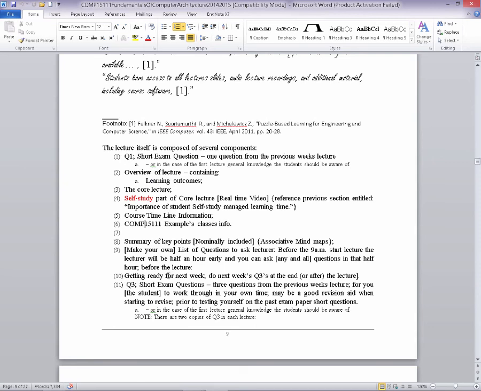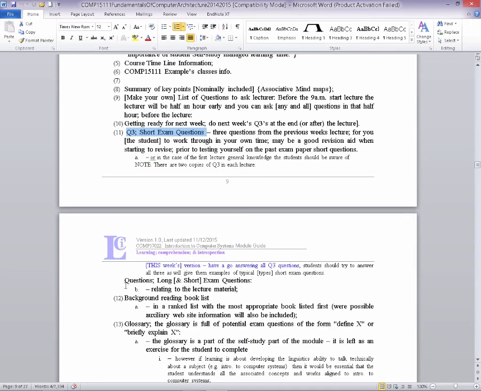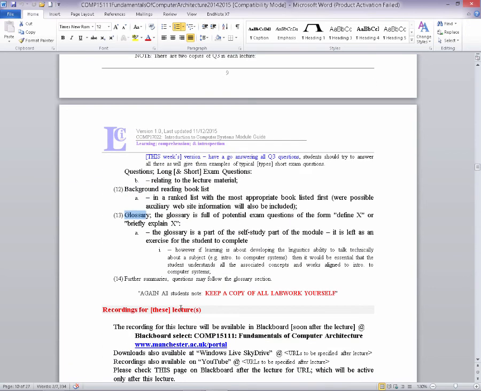Then we have a number of other points that are covered. We have short questions to help you revise and check if you understand the lecture. We then have a background reading list and a glossary. We also have further summaries and long questions and short questions at the end of each set of notes.